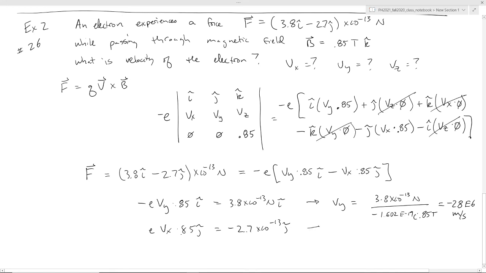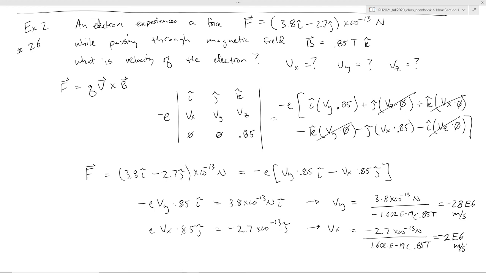Then we can do the same thing with the Vx piece. Vx would be negative 2.7 times 10 to the minus 13 newtons divided by e, the charge of the electron, times our 0.85 Tesla, and we would get about negative 2 times 10 to the 6 meters per second.